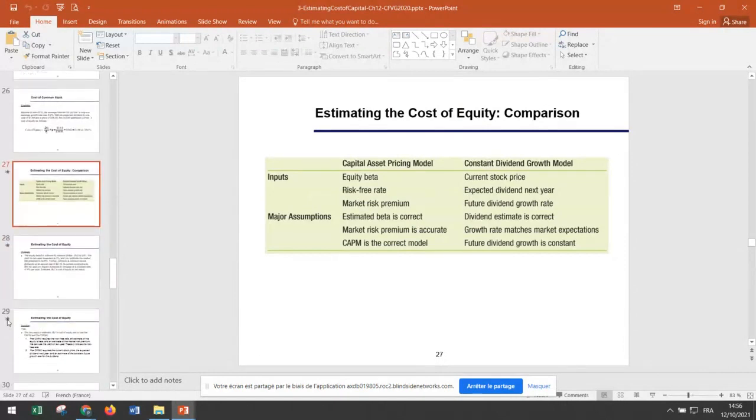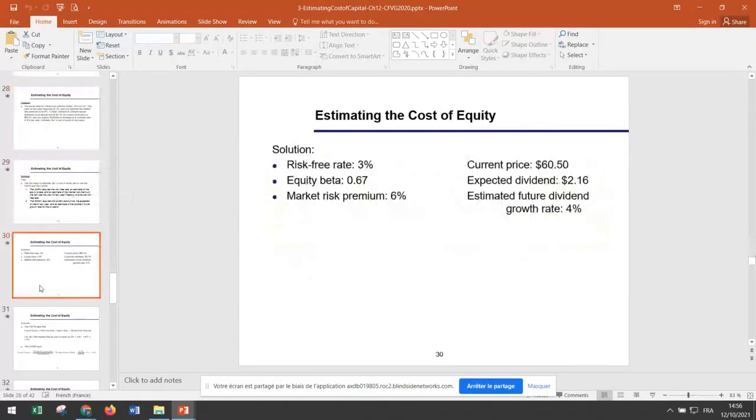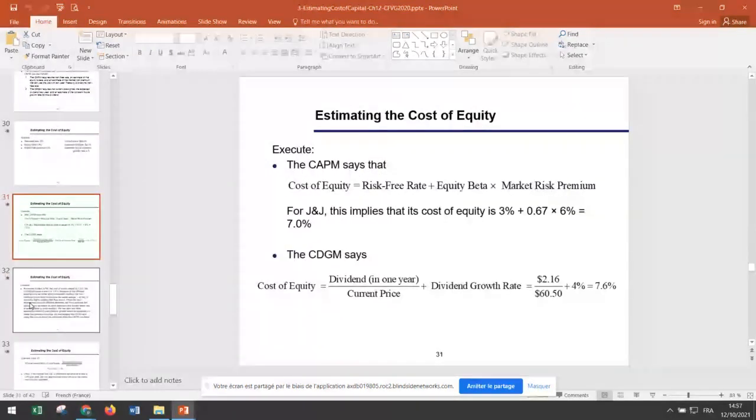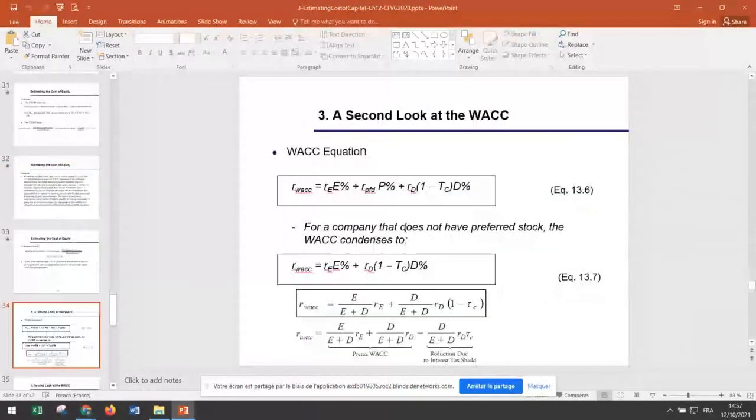Once you have all these, you can compute the weighted average cost of capital. Also, a very important point in the real world: the interest that you pay to the lender or the bondholder is tax deductible. Therefore, your effective cost of debt after adjustment for the interest tax shield will be equal to the RD multiplied by 1 minus the tax rate.